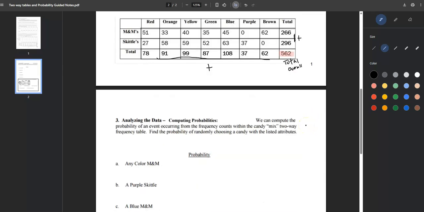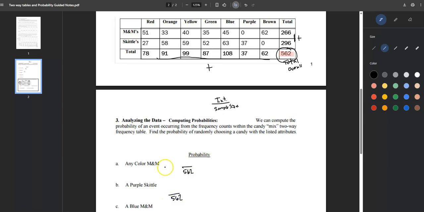So if we use that table, we can use that for probabilities. The nice thing is, if you remember probabilities, it was my sample size, that's my denominator, and then whatever I'm interested in is my top. So all of these are going to be out of this overall number right here. Everything is going to be out of 562, no matter what I'm talking about.